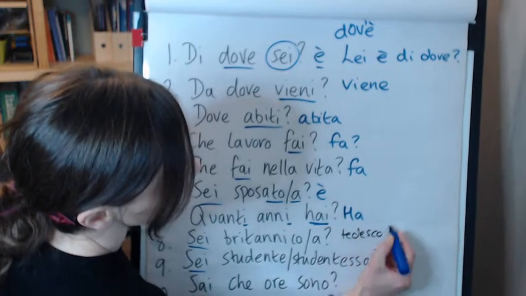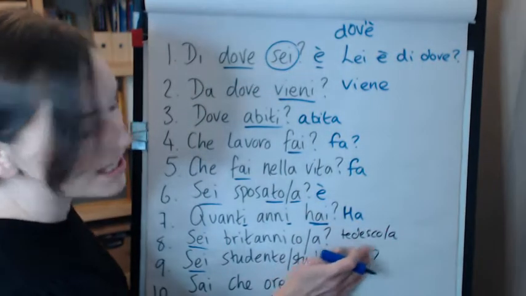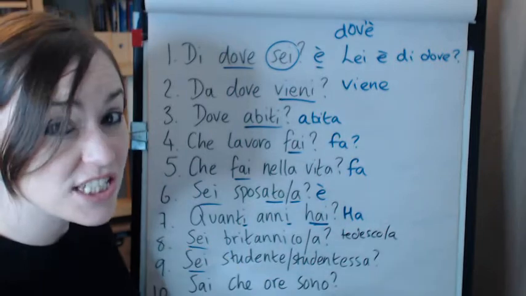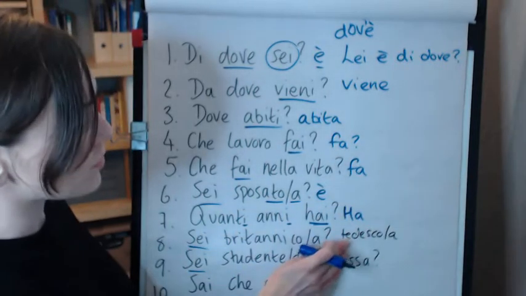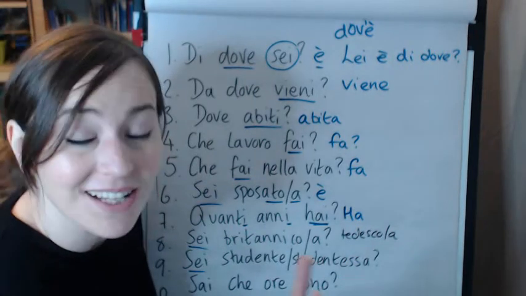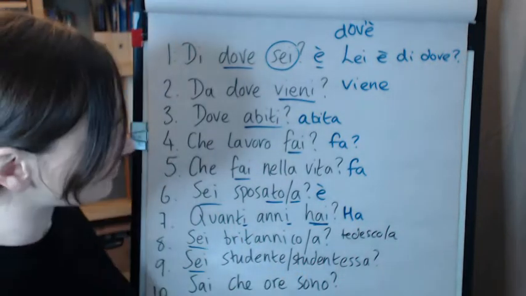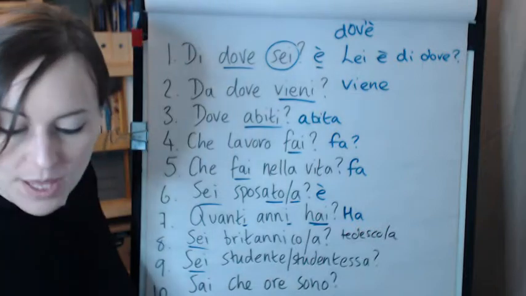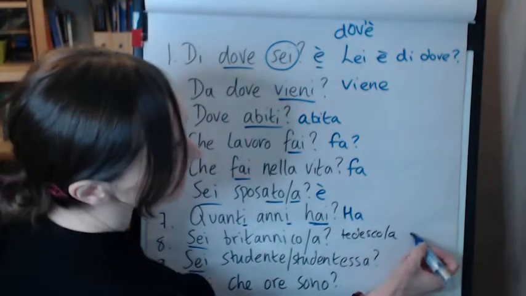Again, these nationalities are essentially adjectives. They describe someone. German. Lei è tedesco. Lei è tedesca. So here the verb sei goes to è.